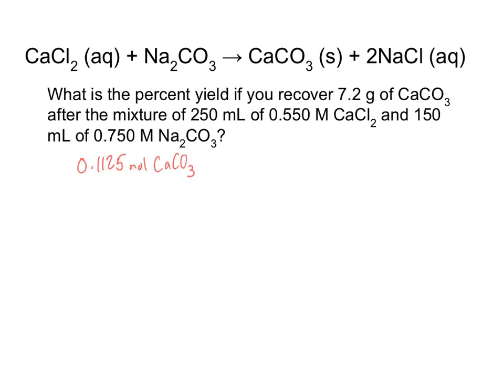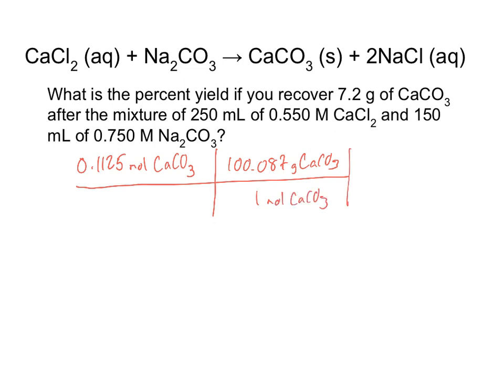And so we know that we form 0.1125 moles of calcium carbonate, and so we want to know how many grams that is. So we'll use our molar mass of calcium carbonate. And we find that our theoretical yield of calcium carbonate is 11.3 grams.